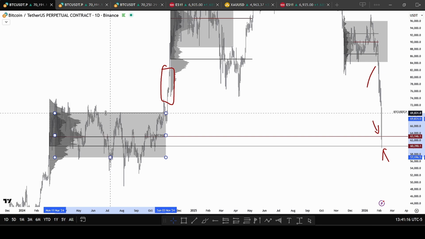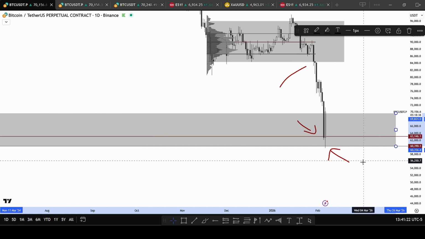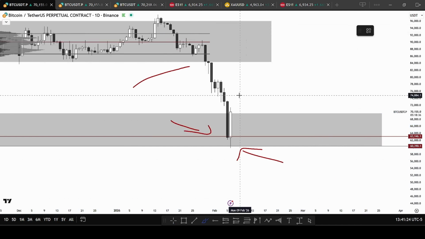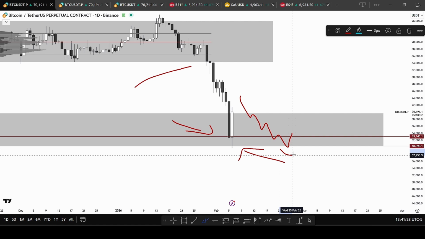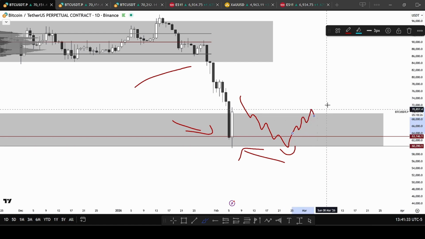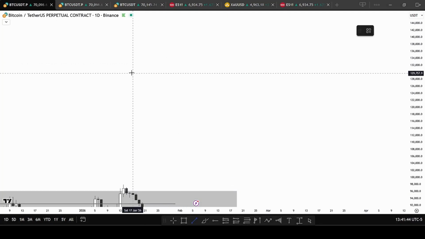Now if you extend this range, you see price comes into an old range, rejects from the old balance range low and just goes to the opposite side of the range. This is a very good concept of acceptance and rejection.